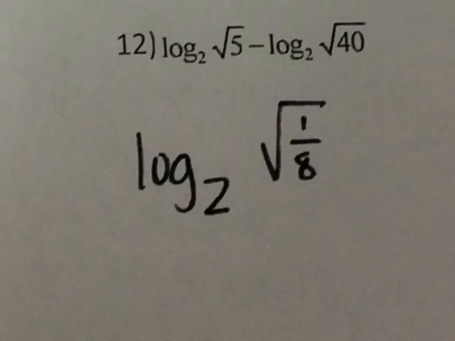So tell me what you know about 8. Yes. So really, I could say this is the log base 2 of the square root of 1 over 2 cubed. That's better, because at least now I have the same bases.